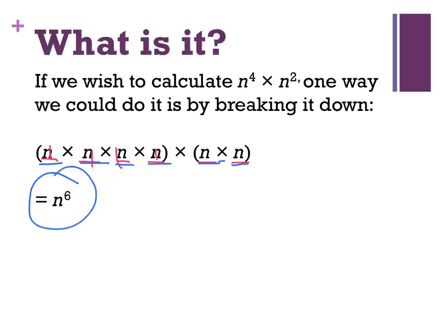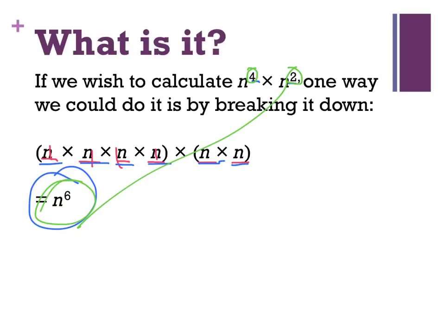But does anyone see an easier way we could do that? Is there a relationship between what I've broken down and the numbers up the top here? 4 and 2. Oh, hold on. Wait. 4 and 2 is 6.